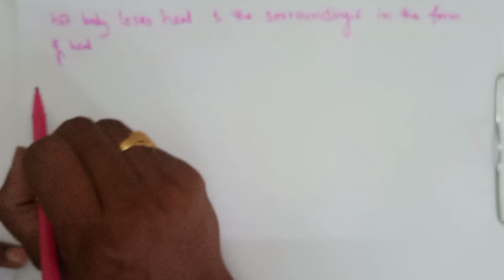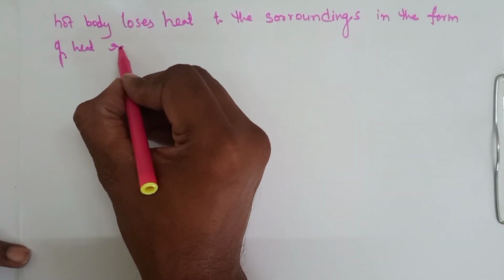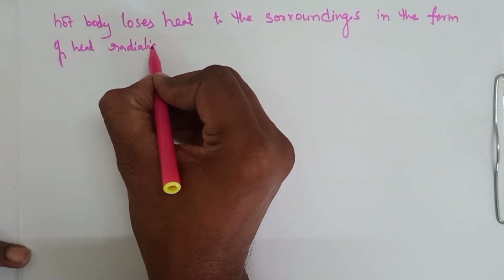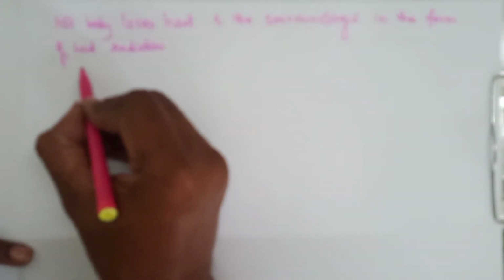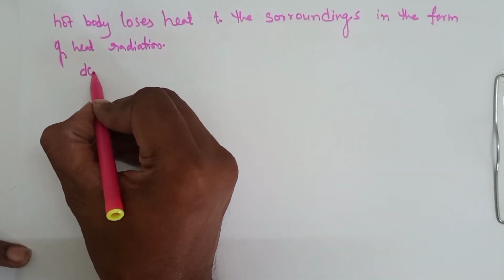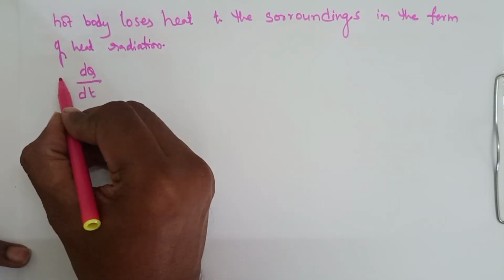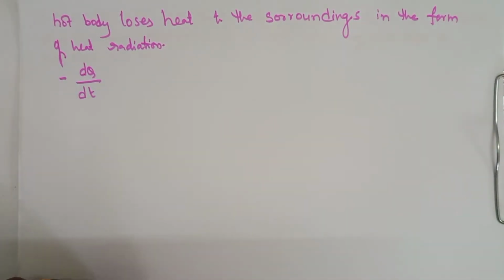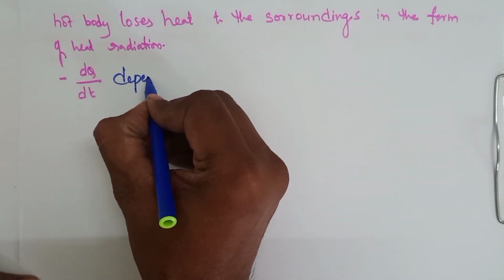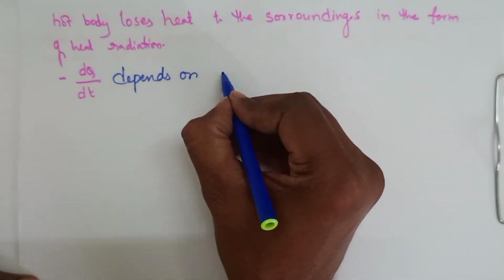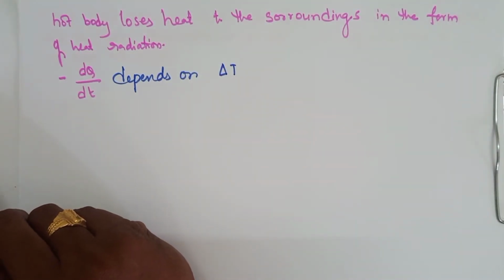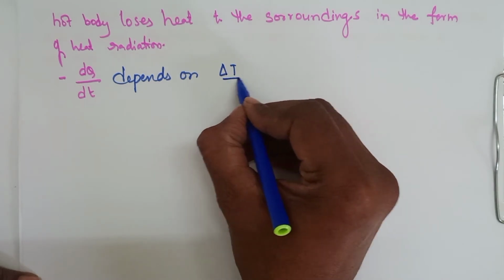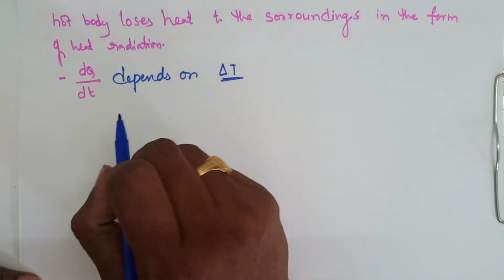In terms of radiation or heat radiation. So the rate of loss of heat, mentioned with the negative sign, depends on the difference in temperature between the system and the surroundings.